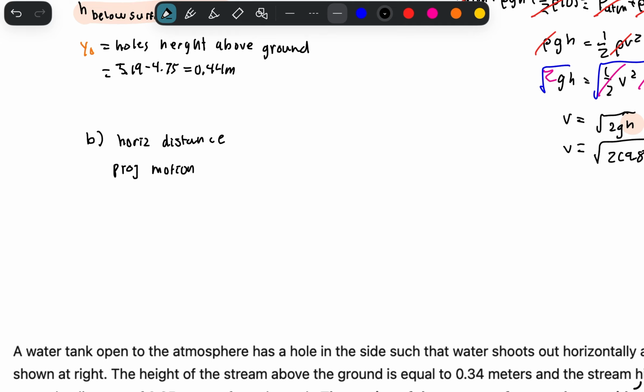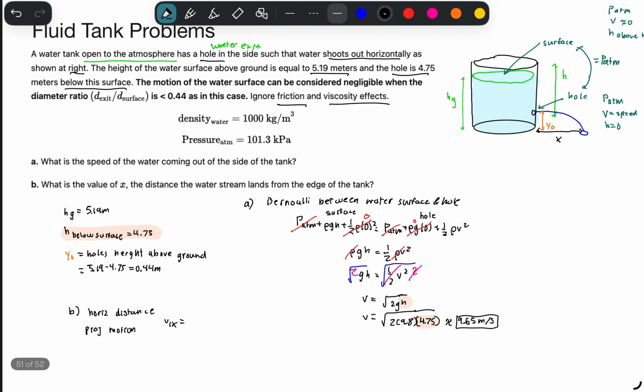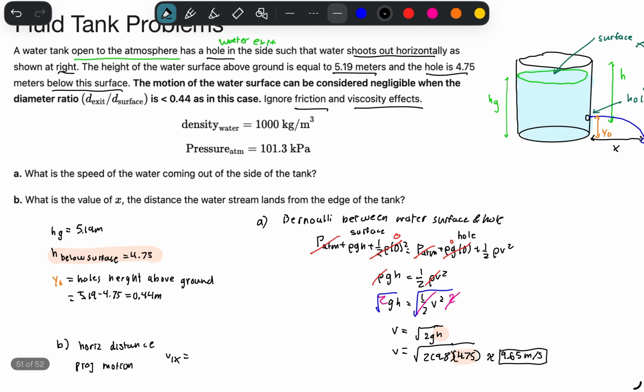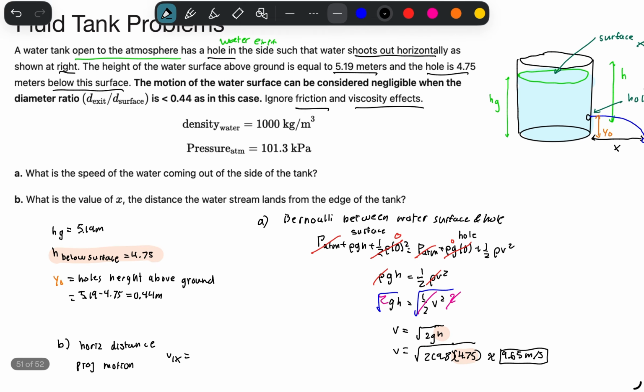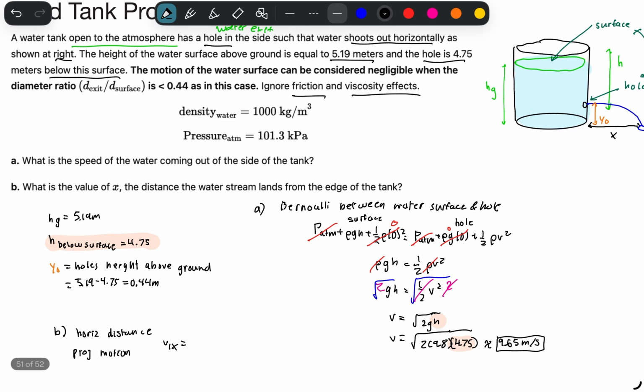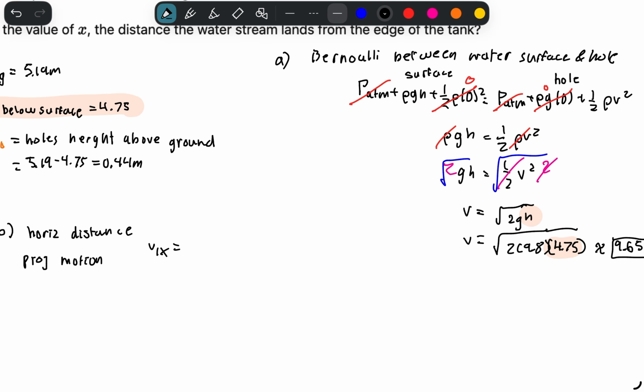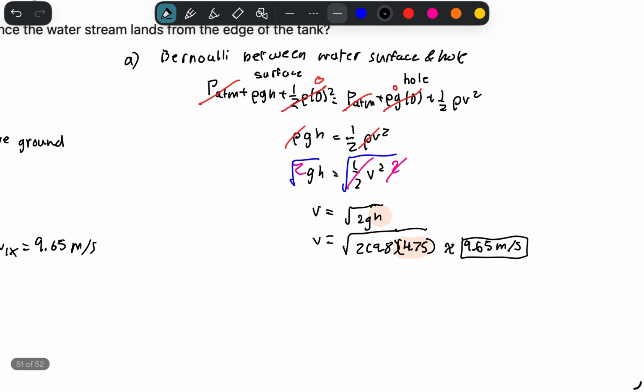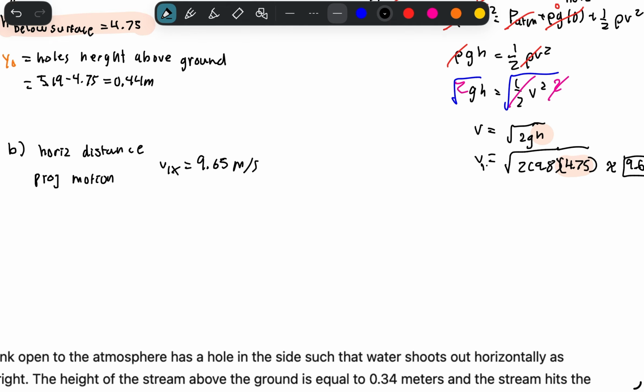We have our initial horizontal speed, v initial x, which is the 9.65 meters per second we found over here. So that was your v initial x.